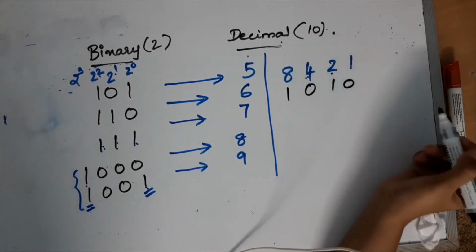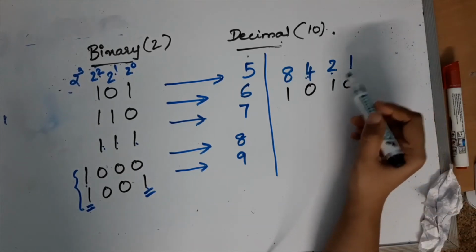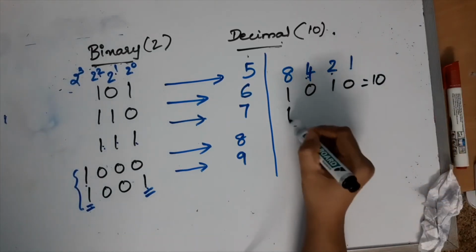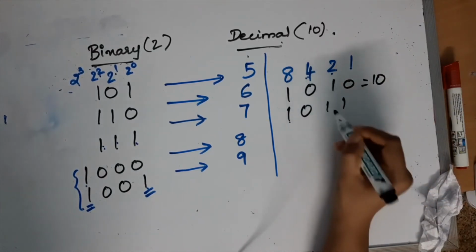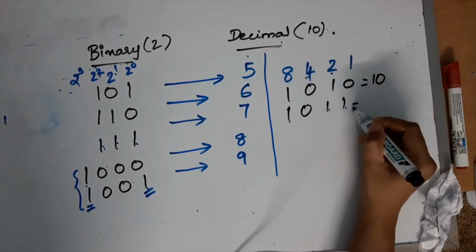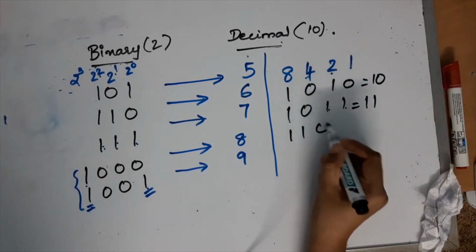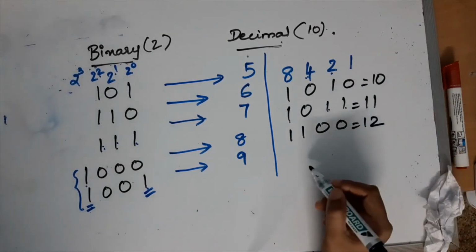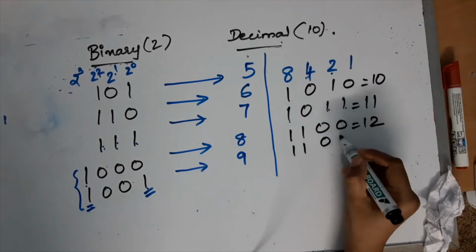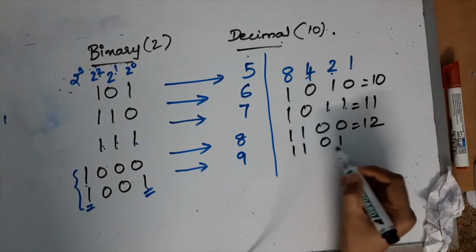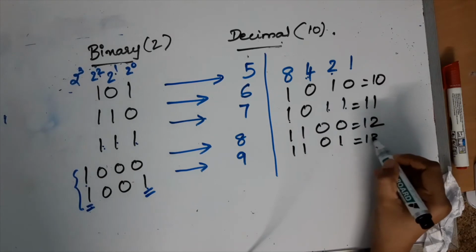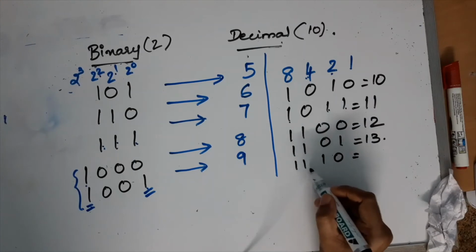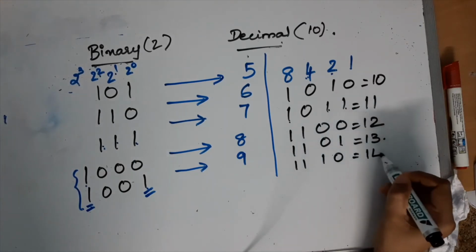1010 is my number. So 1010 will be 8 plus 2, that is 10. 1011, that is 8 plus 2 plus 1, that is 11. 1100, that is 8 plus 4 equal to 12. 1101, 8 plus 4 plus 1, that is 13. 1110, that is 8 plus 4 plus 2, that is 14.